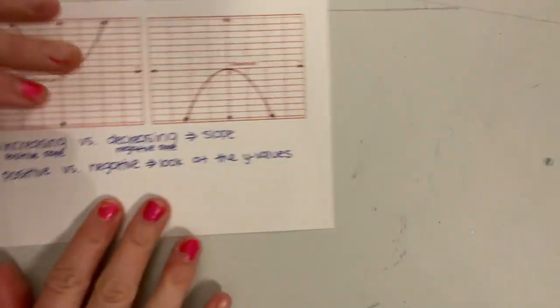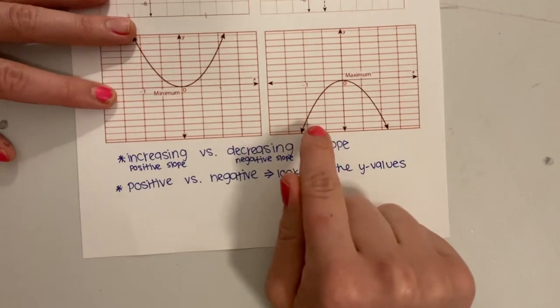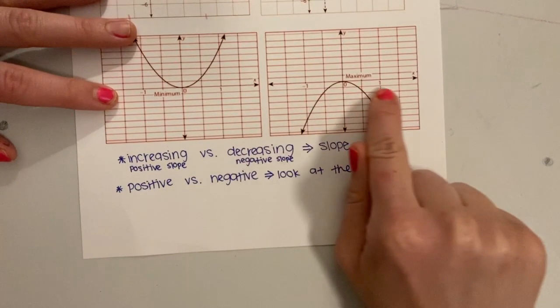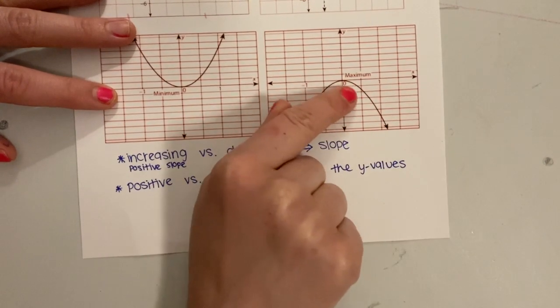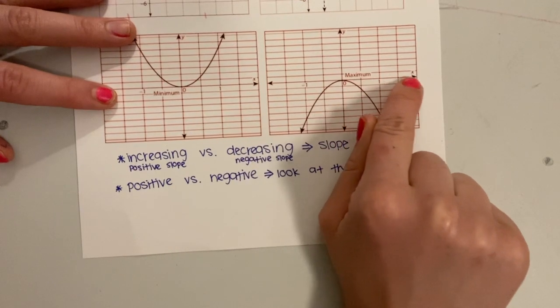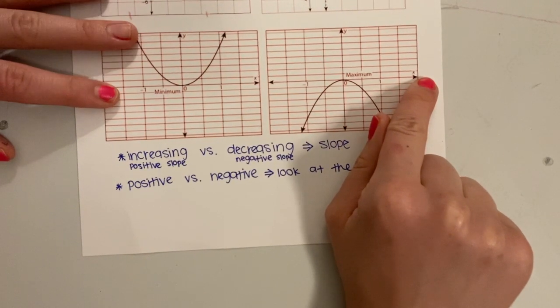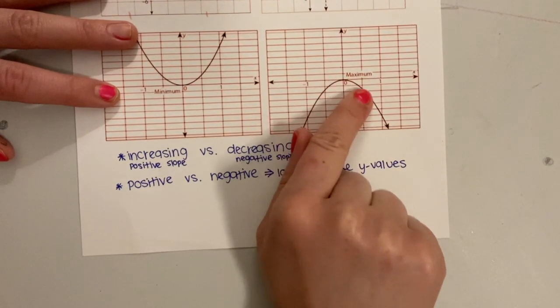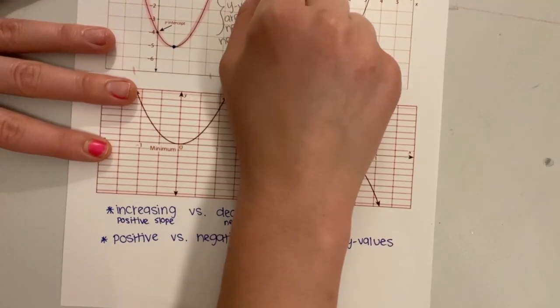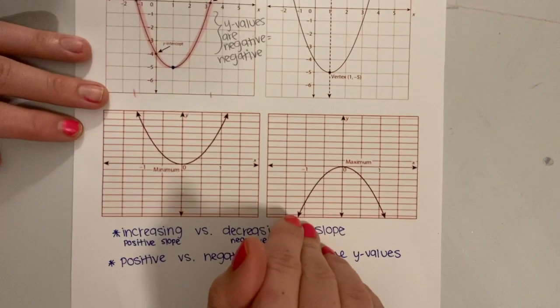It's a little different if you have a parabola that opens down, because as x goes to positive infinity here, as it gets bigger and bigger, the y value is getting lower and lower. So here we would say as x goes to positive infinity, y goes to negative infinity. So that's just what it's asking about when you're thinking about the end behavior of the graph.